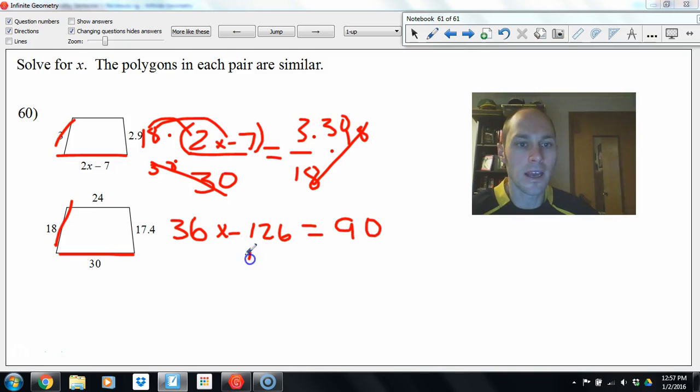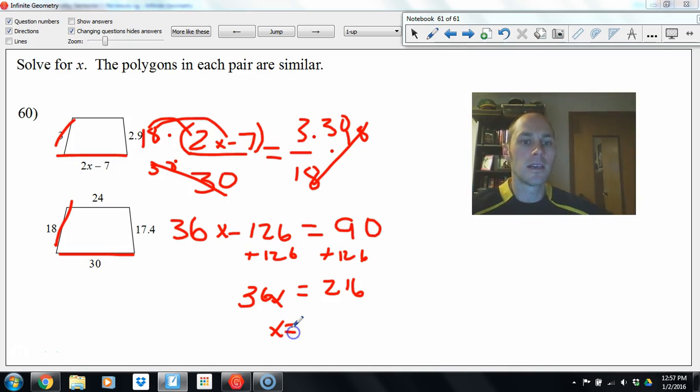Add 126 to both sides. I get 216 equals 36x. Divide by 36. X is, I believe it is 6. Let me double check. Yeah, so x would be 6. It just asks to solve for x. We don't need to find the side length.